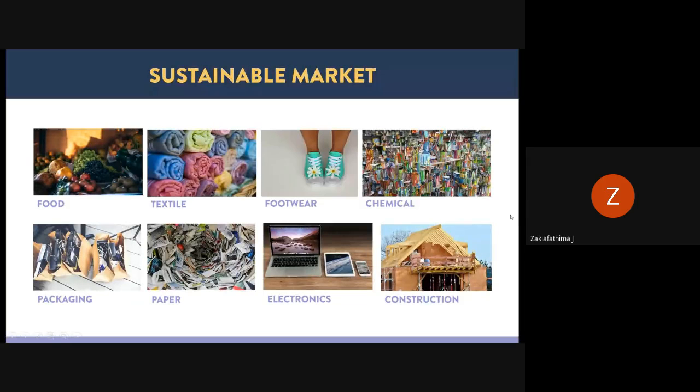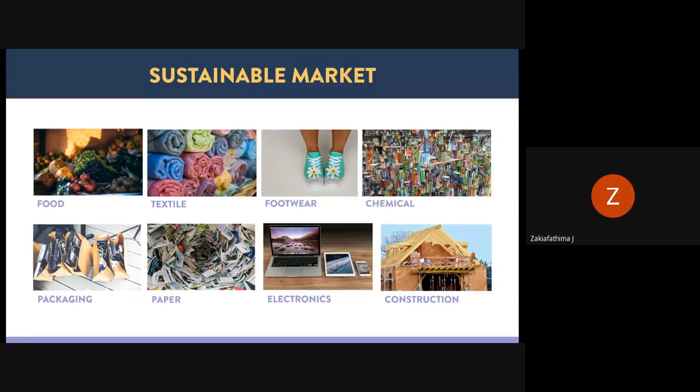Okay, so where do you find sustainable products in your food industry? You find them in two parts. One is your direct food ingredients, where you actually make sustainable vegetables and fruits. The actual ingredients that you're using for cooking are going to be a sustainable thing.